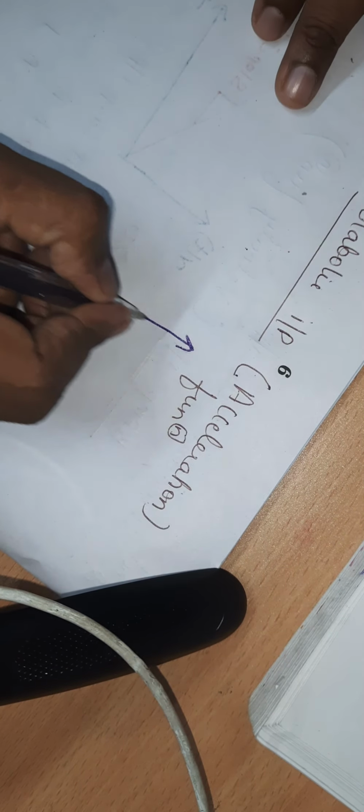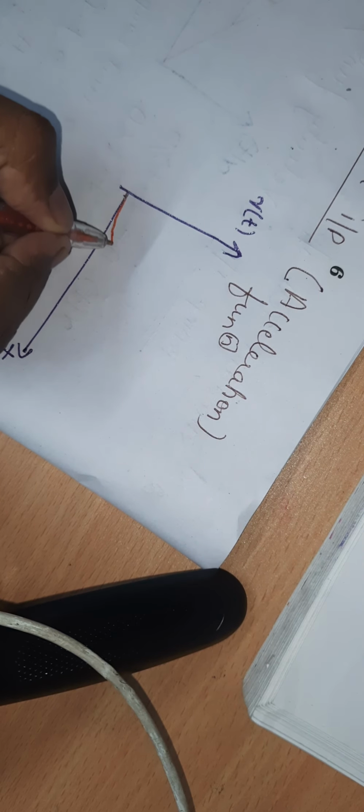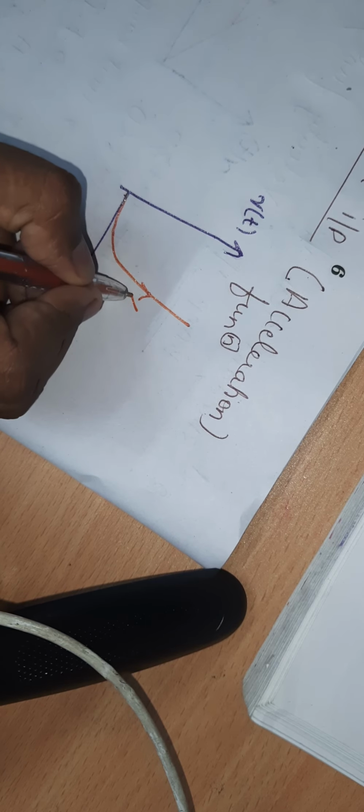How to represent this? Input R of t with respect to t. Parabolic means it has to increase like this. Here it has a slope of A into t.